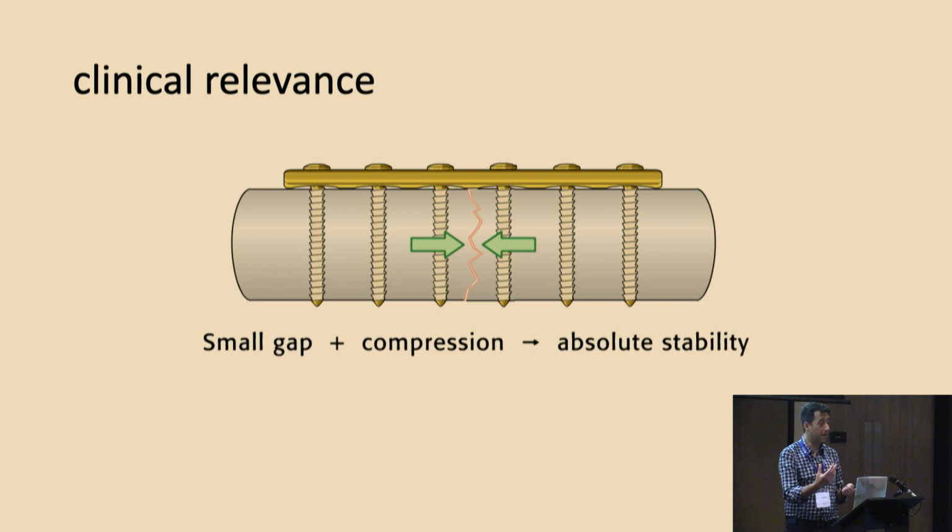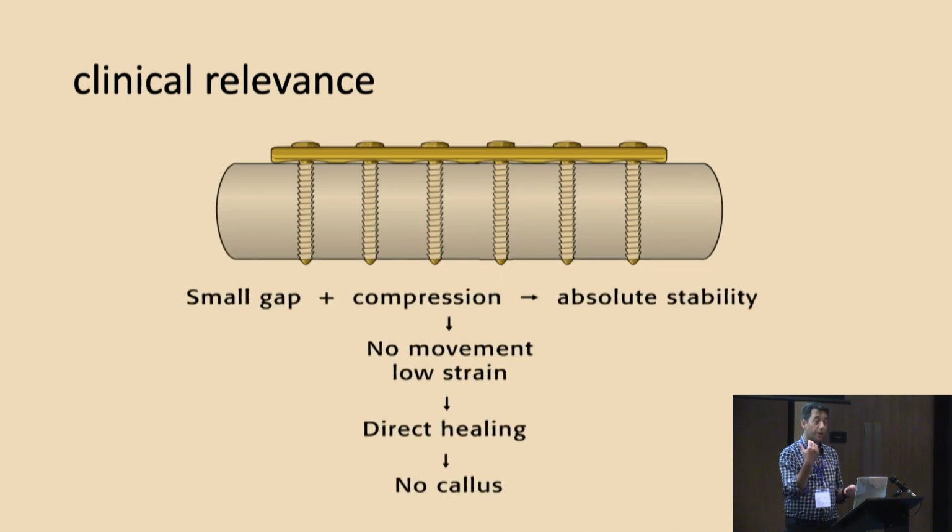Clinically, what does that mean? Well, we can translate that into our ideas around fixation. Small gaps with compression give us absolute stability, so a very low strain environment, and we get healing. Okay, but we don't get callus, we get that direct primary bone healing.